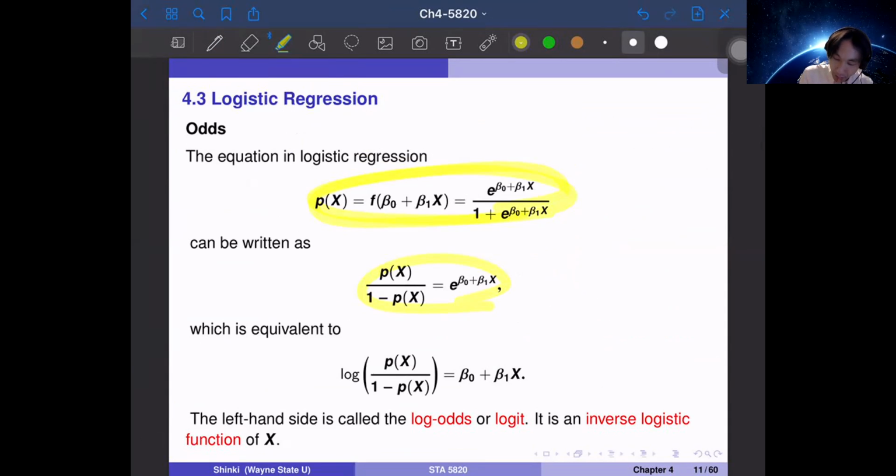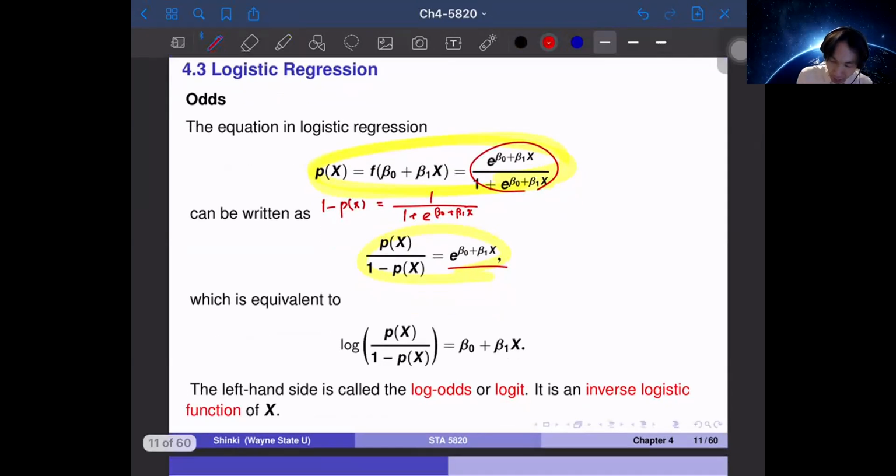You can see that 1 minus p of x is 1 minus this quantity, so that becomes 1 over 1 plus e to the power beta naught plus beta 1x. If you take the ratio, the denominator cancels, and this just becomes e to the power beta naught plus beta 1x. Then take logarithm, and we get this.